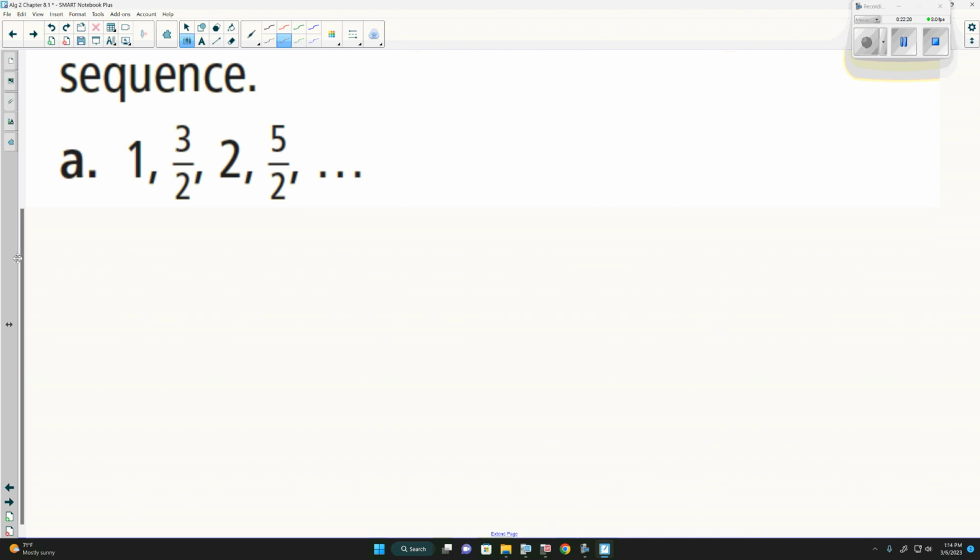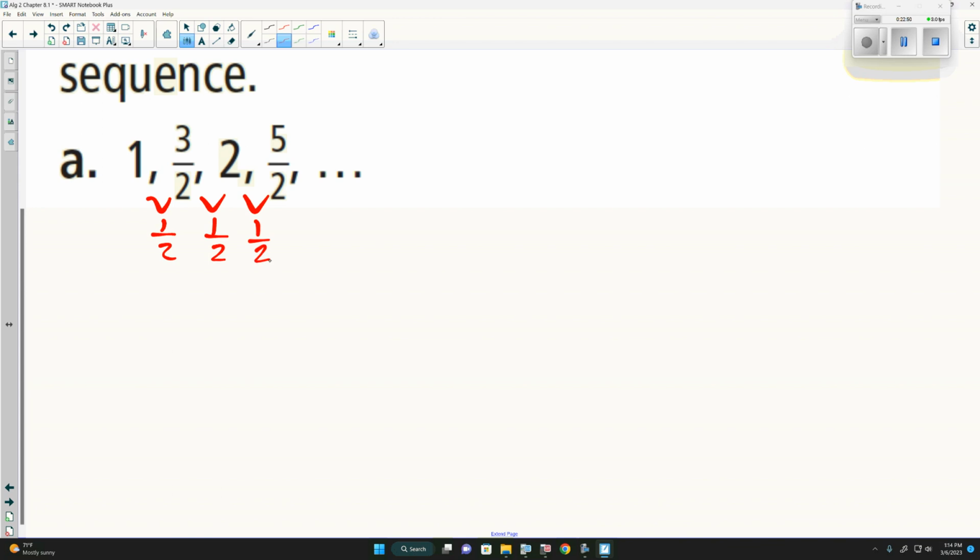So what about this one here? We can look at the difference. What's the difference between 1 and 3/2? One half. How about 3/2 and 2? And 2 and 5/2? 1/2, yes?